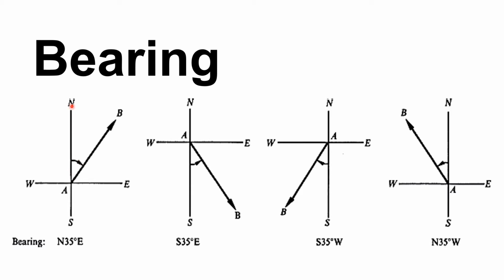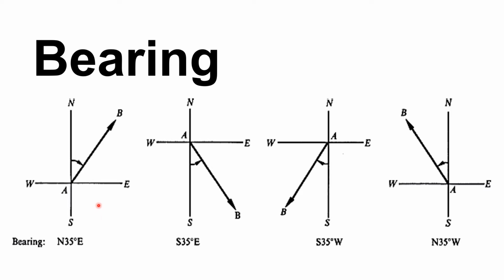So this is the north-south line and this is the line from A to B. The angle between those two lines is the bearing. The bearing is then read from north or south line towards the east or west. The angle used in expressing a bearing is usually stated in degrees and minutes.